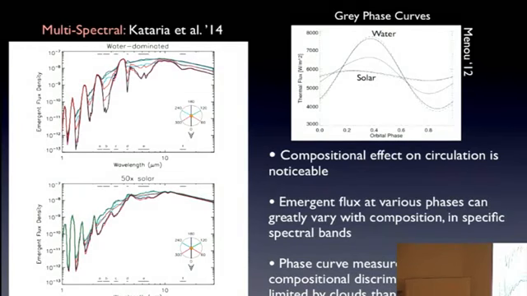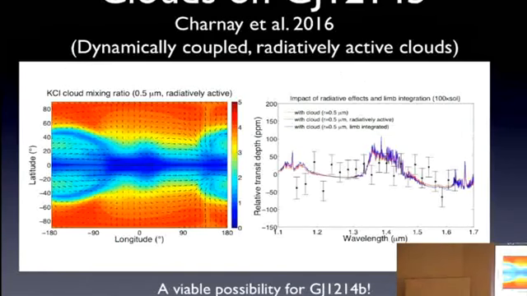So maybe all this very idealized modeling without clouds is actually not quite relevant once you have clouds. A very nice result, I think, came out just a few months ago from Charnay et al., using this LMD code, which is a very nice code in a number of ways. What they have shown is, I would say, a point of principle.